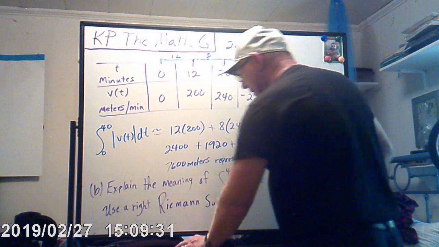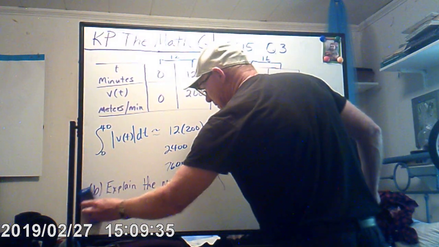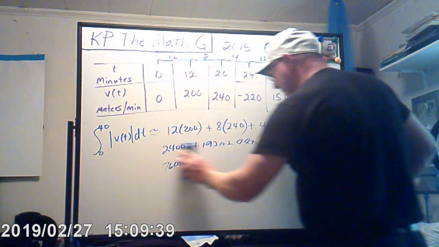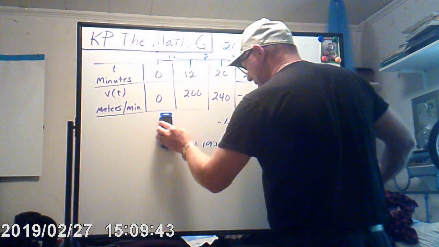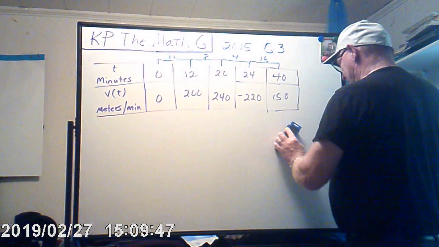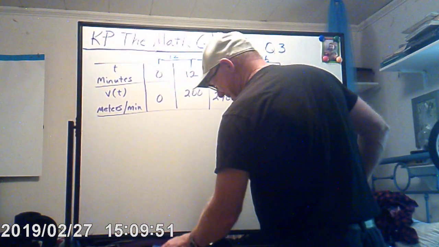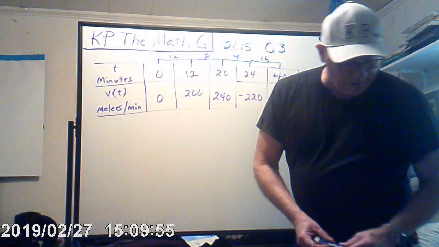So let's go ahead and look at this. I like this problem here. I remember saying, what am I going to do with this negative? Well, you make it positive if you're going to look at total distance. That's what you do. Simple as that.